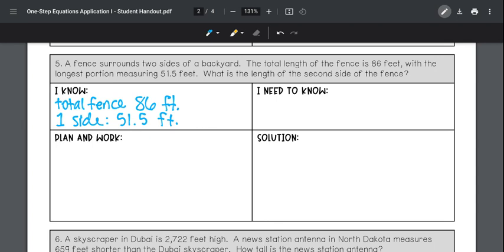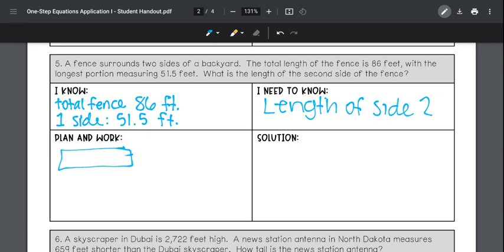Okay. So I need to know the length of side 2. So if I draw my little chart, that's pretty small. Let me make a new one. We know that whole fence is 86 feet long.